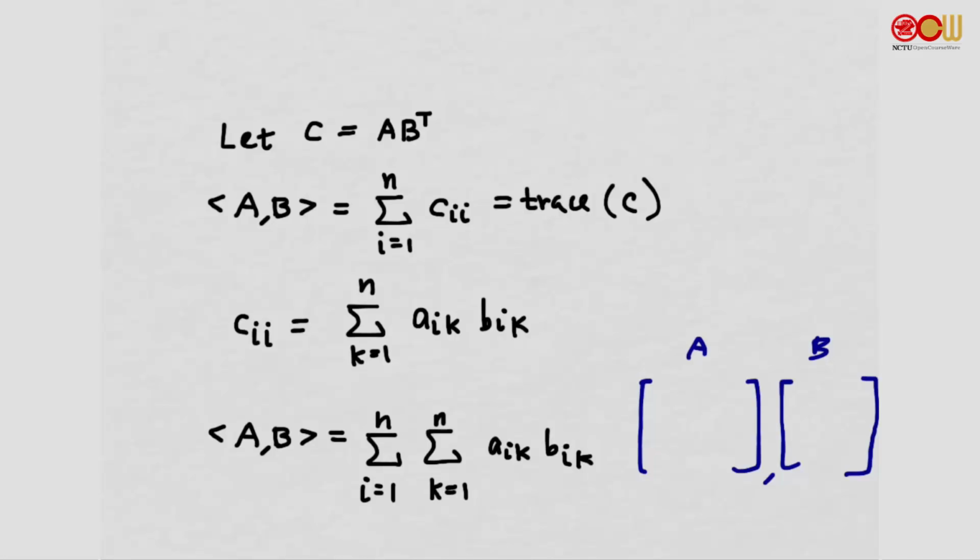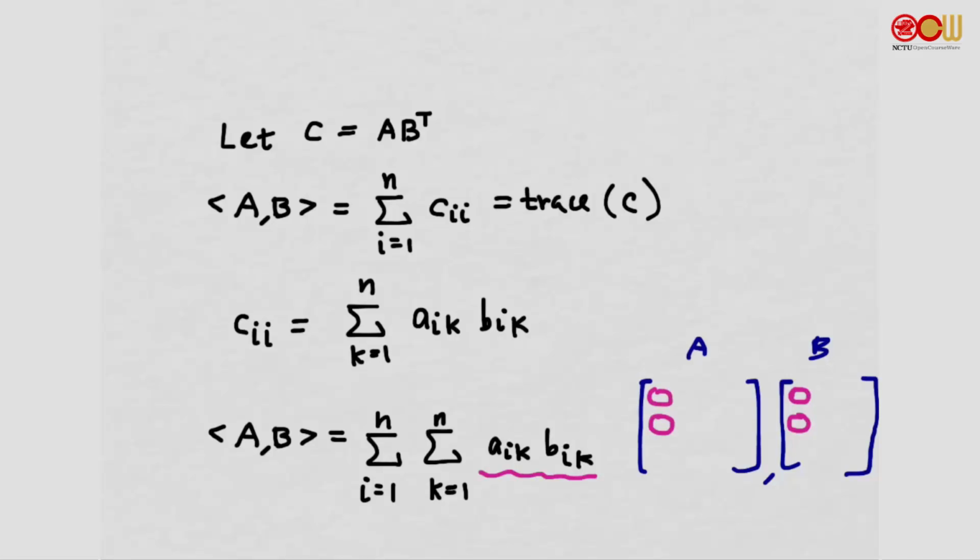We are taking the ik element of A and the ik element of B. We take the product, and that's one term here. And for each entry of A, we find the corresponding entry of B, and we take the product. And that's another term here.